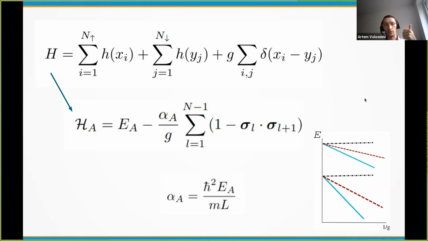You need to know the limit of g going to infinity to calculate this coupling coefficient. That is how we use it. But in principle, if the masses are different, then there should be a spin chain. It's just you don't know how to calculate these coupling coefficients.